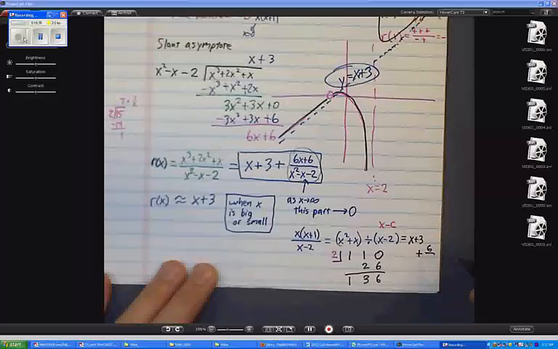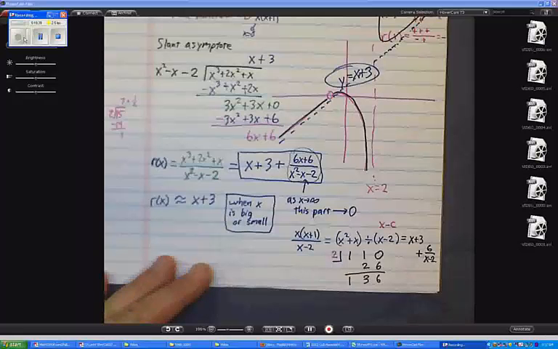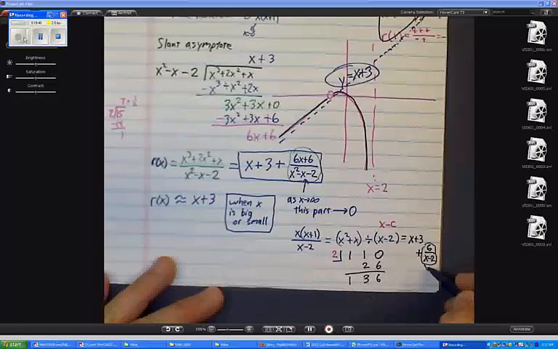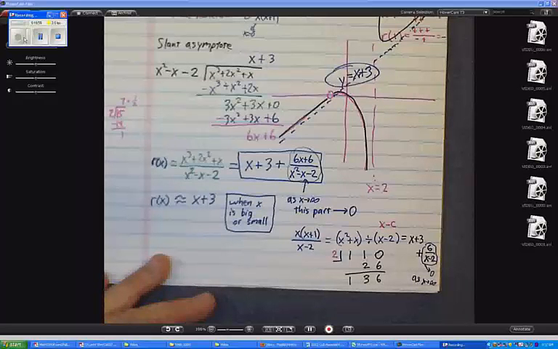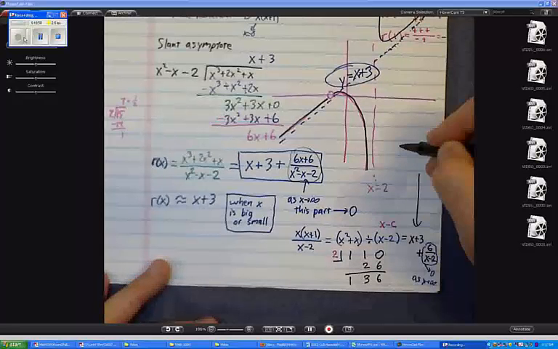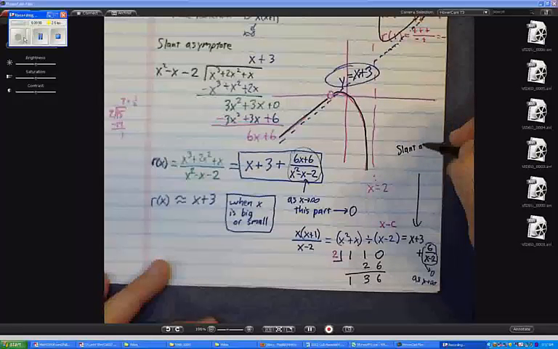And all I care about is that as x goes to infinity, what happens to this piece? This piece goes to 0 as x goes to infinity. So, what's the slant asymptote, guys? There it is, right? Slant asymptote, y equals x plus 3.